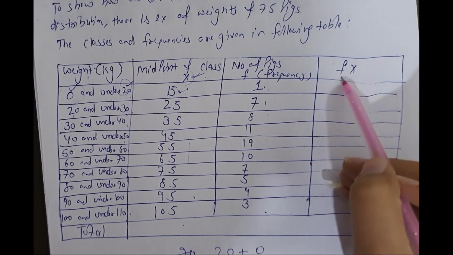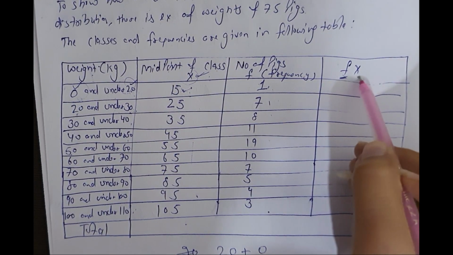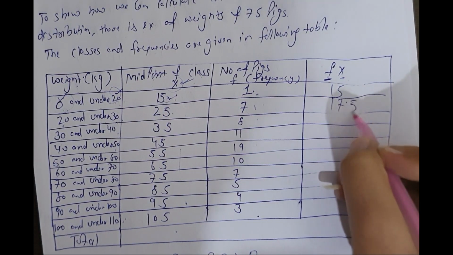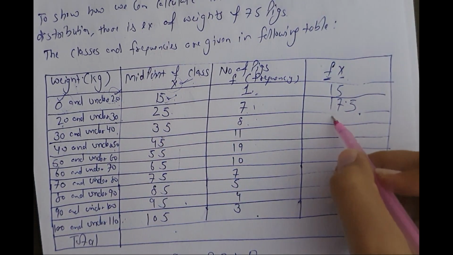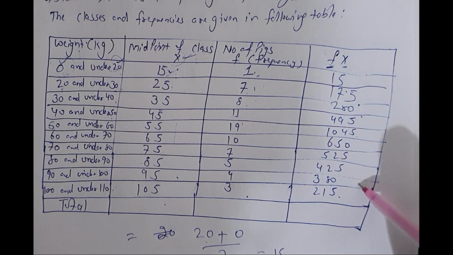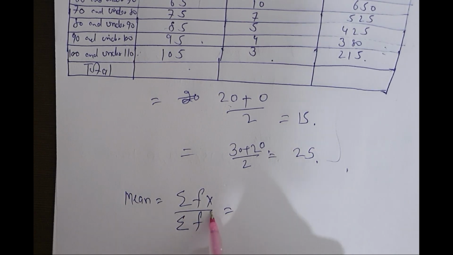Now fx means frequency with observation, that is 15 into 1, 25 into 7 is 175, 35 into 8 is 280. Like this, multiply these columns. This comes out to be the answer. We have to do summation of fx.